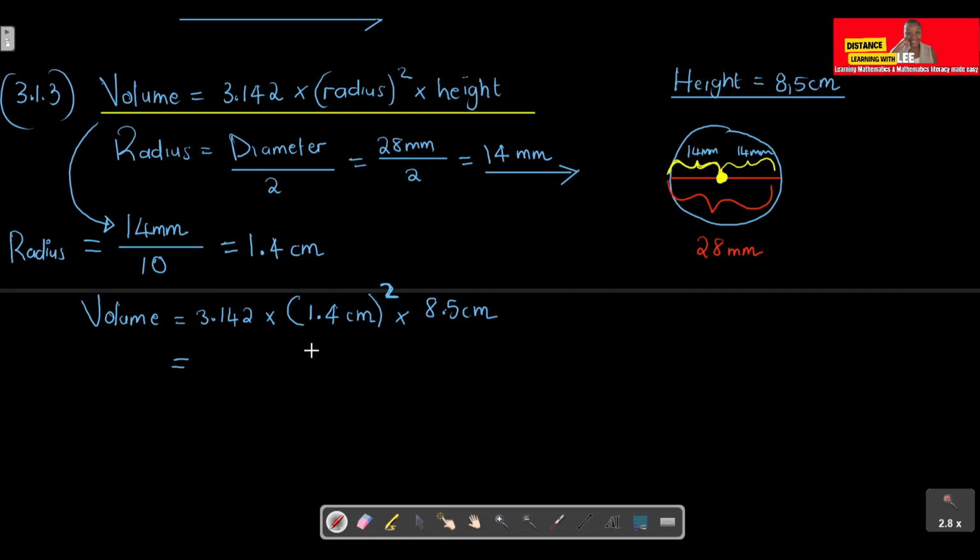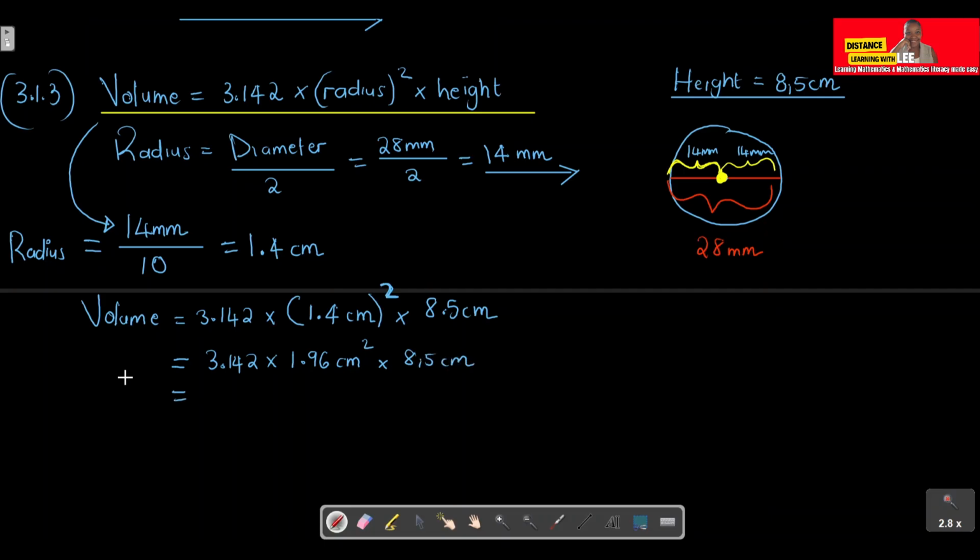If you punch this into your calculator, let me just show you. 1.4 all squared is equal to 1.96 centimeters squared, multiplied by 3.142 and by 8.5 centimeters.